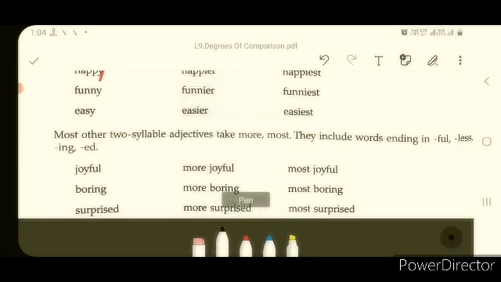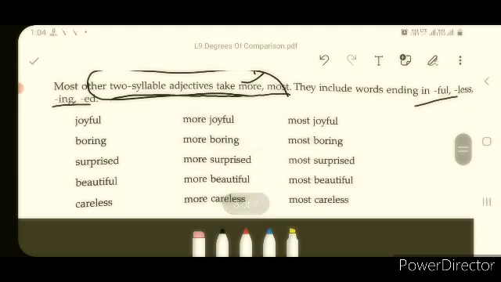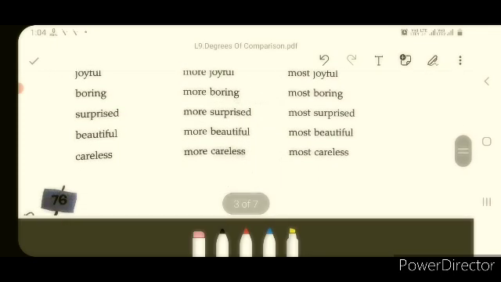Most other two syllable adjectives take more and most. Other two syllable adjectives will be taking more and most, like we mentioned. They include words ending in full, less, etc. Whichever word ends in full, less, most of them take more and most in the comparative and superlative form. See, joyful, more joyful, most joyful, boring, more boring, most boring, beautiful, more beautiful, most beautiful.